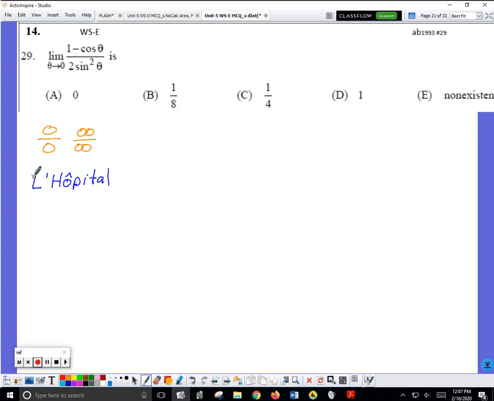L'Hopital's rule says that if this is true, then the following is true. Theta can approach any number. It doesn't matter, and it doesn't have to be theta. It can be x, it can be h, whatever. L'Hopital discovered that the answer to this limit question is exactly the same as the answer to this limit question.